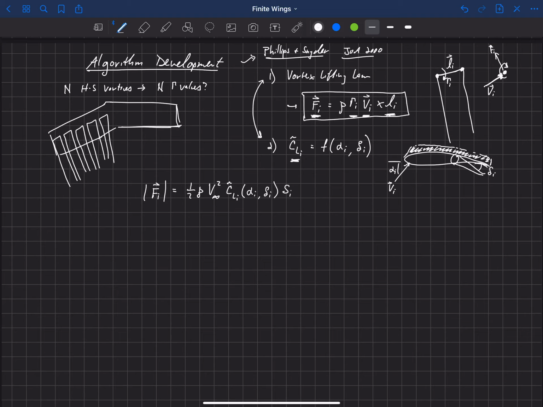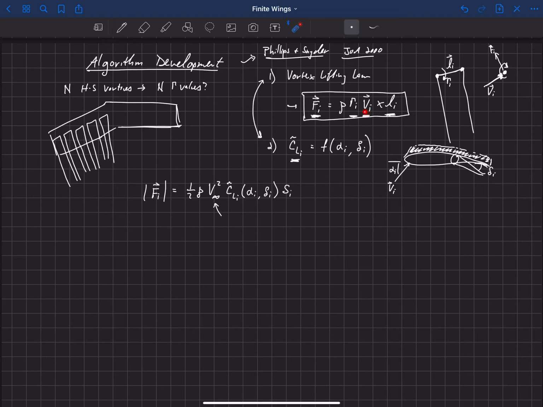And they use V infinity here. Now, I actually think it's more correct to use the local velocity V sub I, because if you look at this drawing over here, our local velocity is V sub I, which we're going to find is different than V infinity.